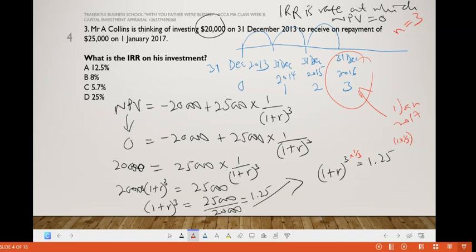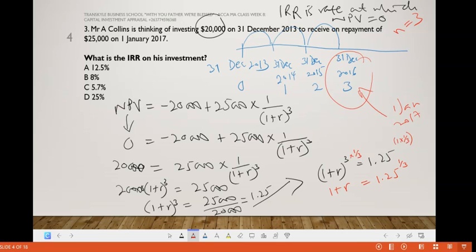So this means that we are now having a situation where we are saying 1 plus R is equal to 1.25 to the power of 1 over 3.